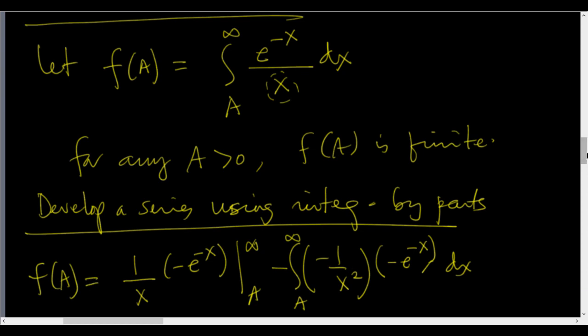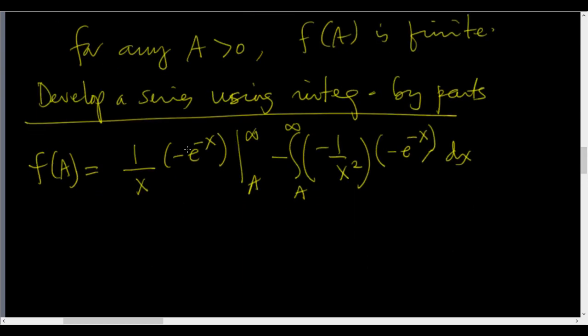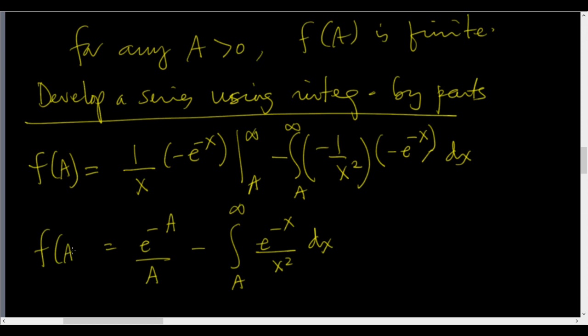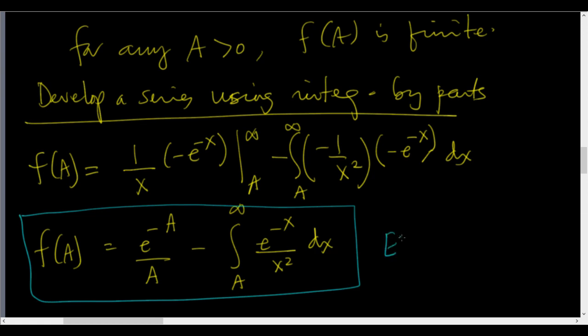This is exact, there is no approximation, right? And this one is equal to e to the power minus a over a, and this one is minus the integral from a to infinity of e to the power minus x by x square dx. I want you to notice, please, that this is exact, there is no approximation. Okay, very good. Let's do it again.